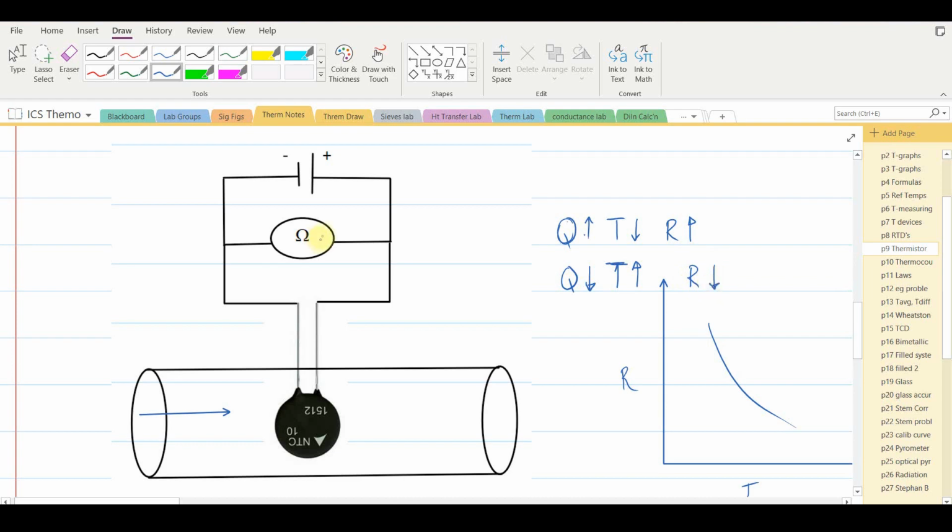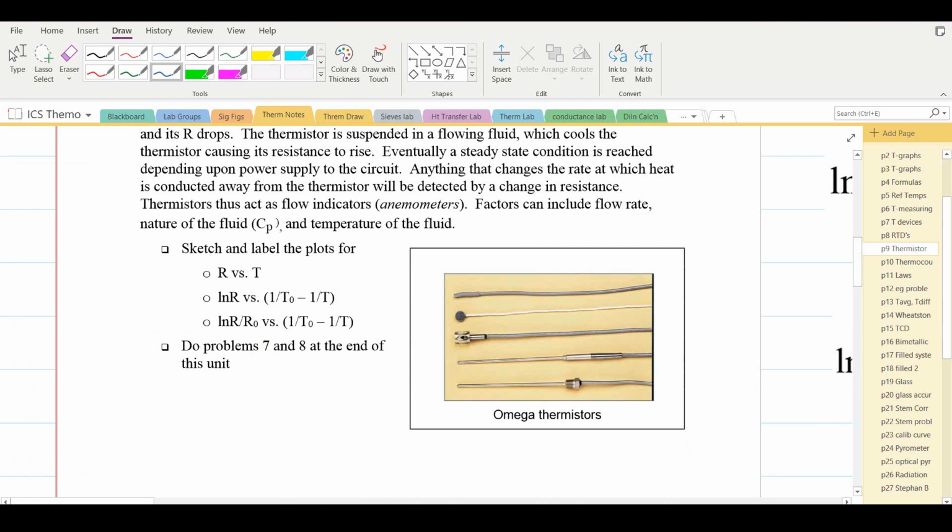So a decreasing resistance on the indicator would indicate a decreasing flow rate. So in fact, the thermistor can be used as a flow indicator. We'll look at flow rate in greater detail at the end of this course, but here's a great application for it. There are two problems related to thermistors, problems 7 and 8, on page 29. So let's take a look at those next.